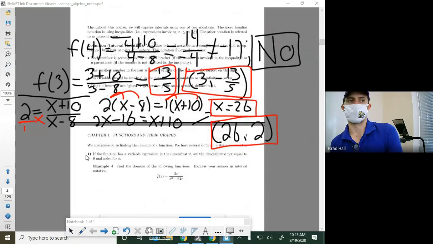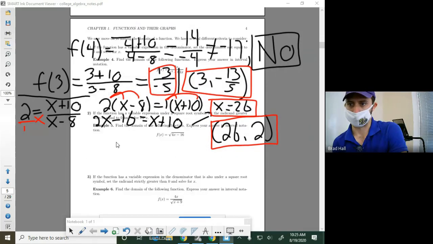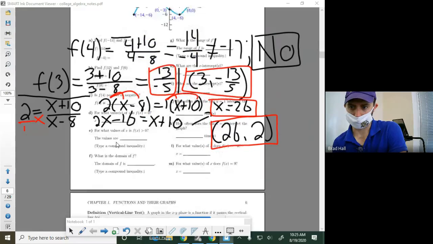I'll put the condition that applies here at the bottom where my cursor is hovering. If a function has a variable expression in the denominator, set the denominator not equal to 0 and solve for x. Okay, well, we have exactly that.